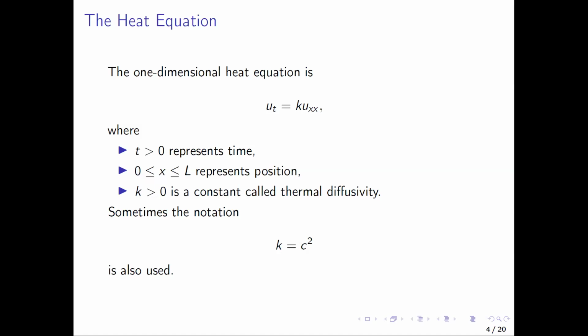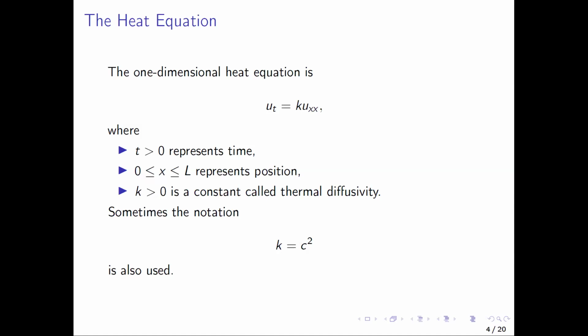The first derivative tells us that the rate of change depends on the spatial curvature of the temperature profile. Larger values of k mean faster heat diffusion. If you have a larger k, heat diffusion will be faster.